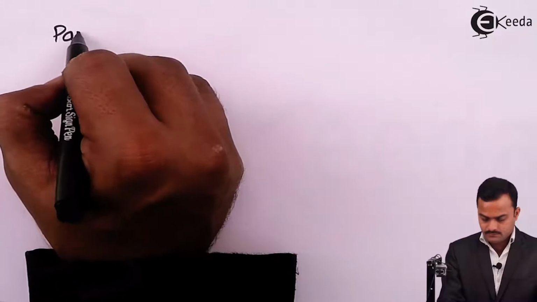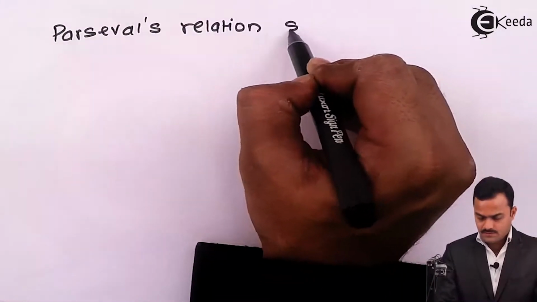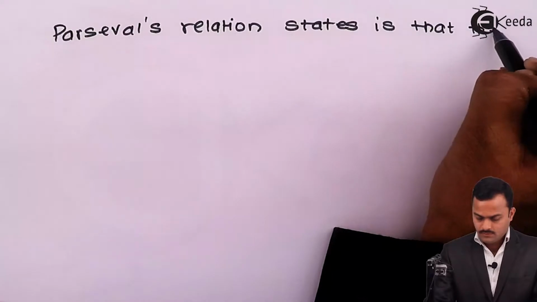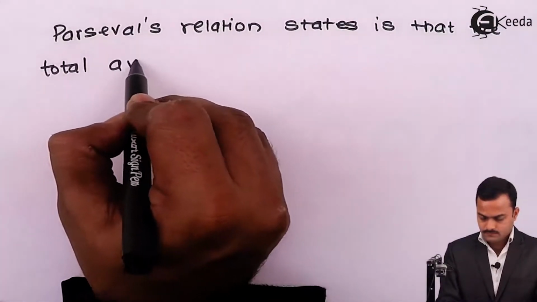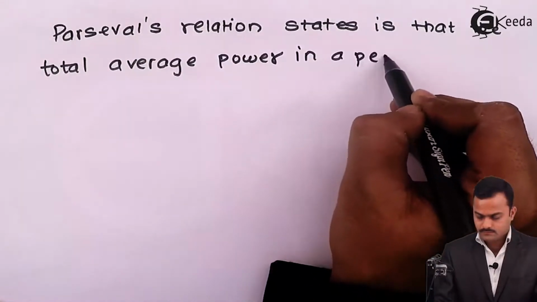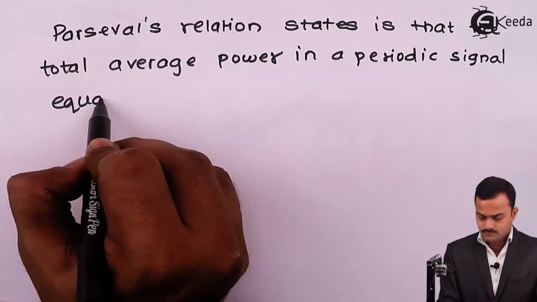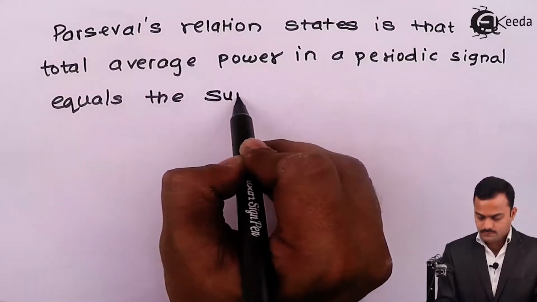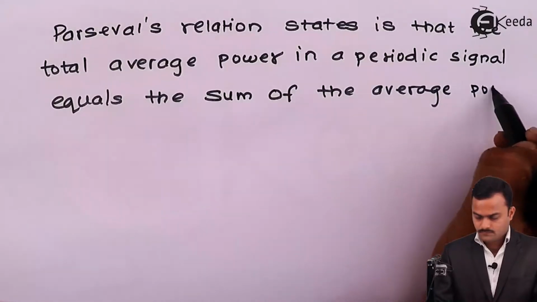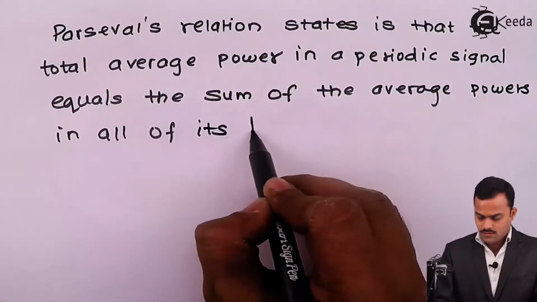The Parseval relation states that the total average power in a periodic signal equals the sum of average powers in all of its harmonic components.